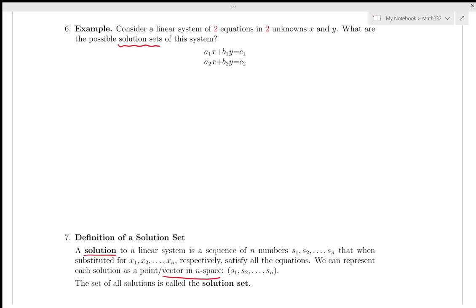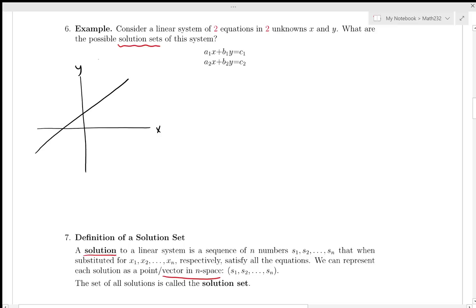Okay, so we've got two equations, two unknowns. This is, for most of you, not new ground. So what can happen? We've got two lines, basically. So let's just draw the situation out here. We've got x here and y, and we could imagine that line 1 would look like that, and then line 2 would look like that.